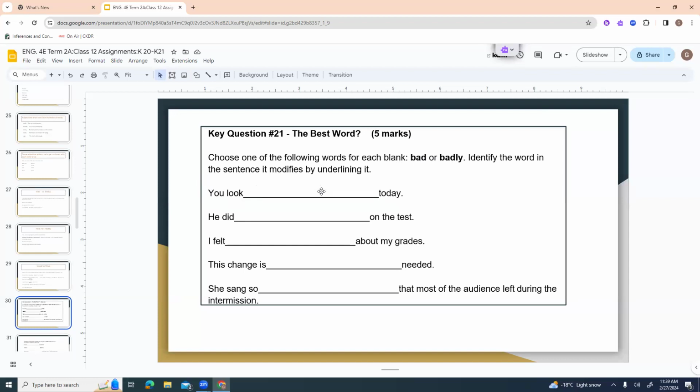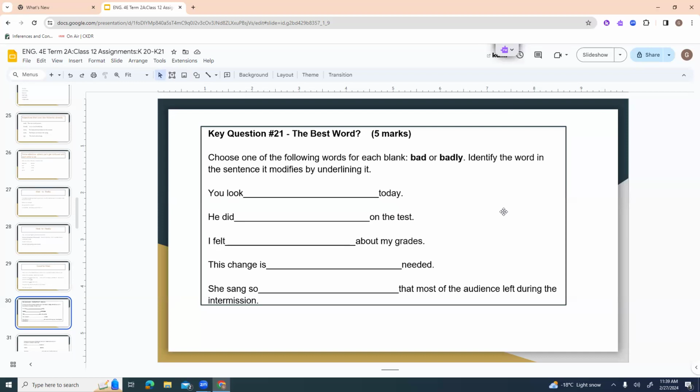So here I would say you look bad today. That makes sense. I'm not going to tell you all of these, but I'm just going to show you the process. He did bad or badly. So you got to think about, are we describing the he or are we describing how the person did, the action or the noun? I felt bad about my grades or I felt badly about my grades.